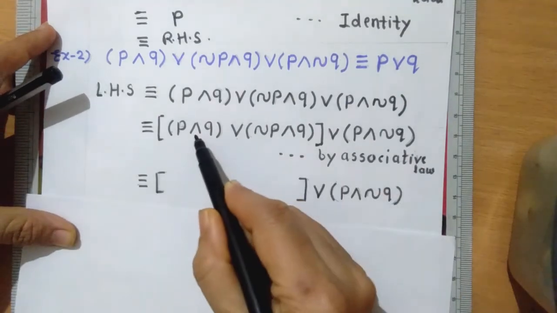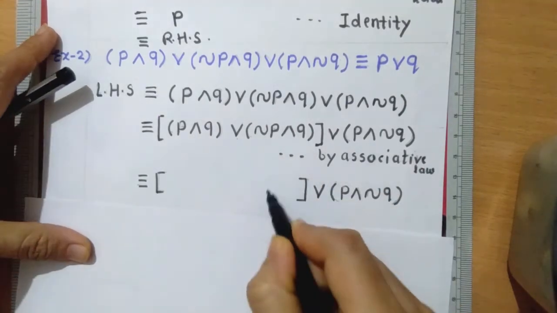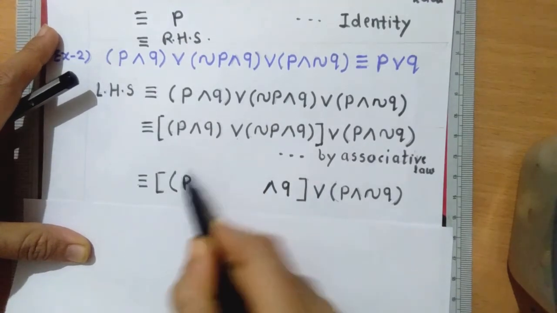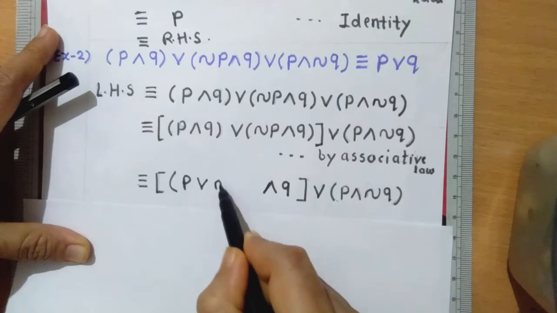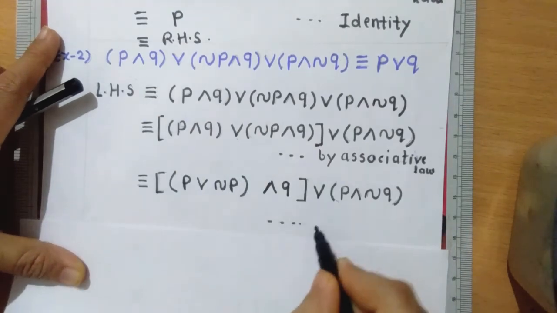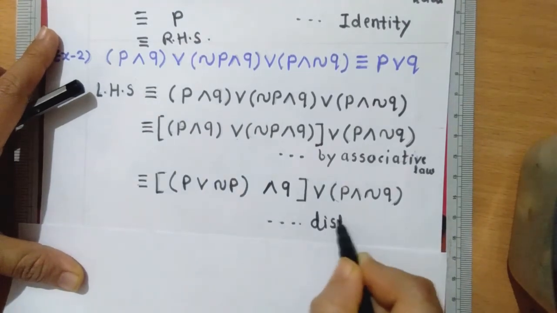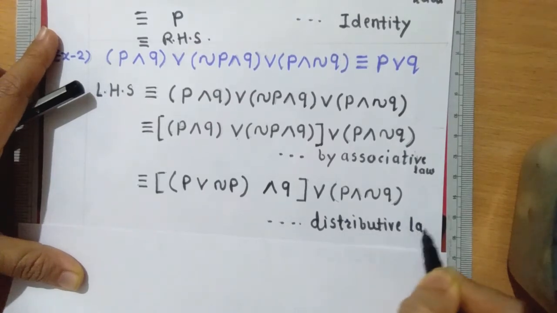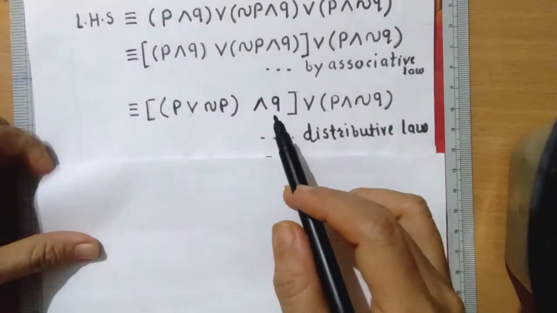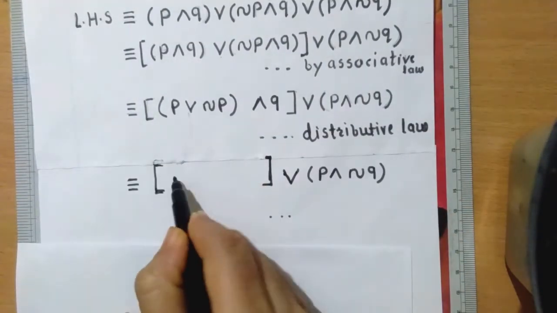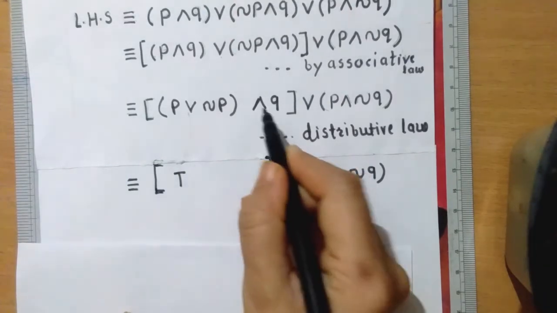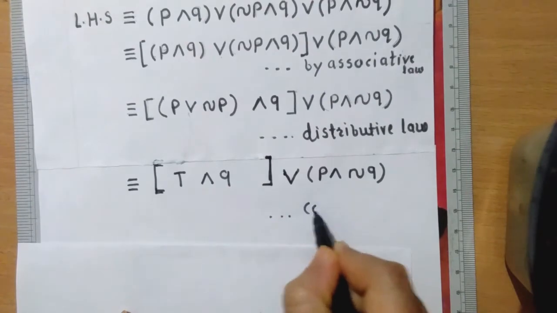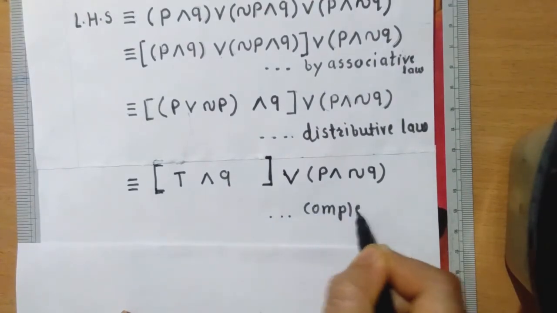Here conjunction Q, here also conjunction Q is common, so I am writing conjunction Q, and again here P, then the disjunction symbol, and then negation P. This is by the distributive law. Now again this as it is, and the value of this is T by the complement law, and write down here conjunction Q, and write the reason: by the complement law.